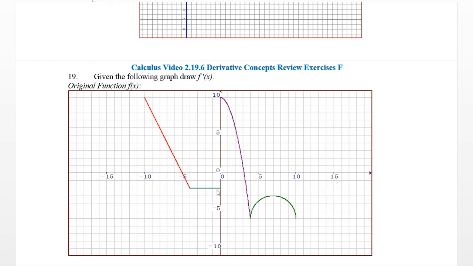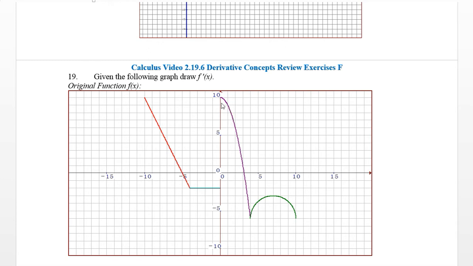This is horizontal, so constant, so we saw a 0 slope, so the derivative was 0. Here the derivative is negative because this function is decreasing. It starts at 0, and it's undefined right here because of the discontinuity.